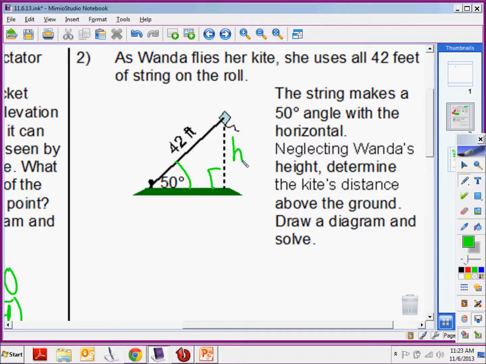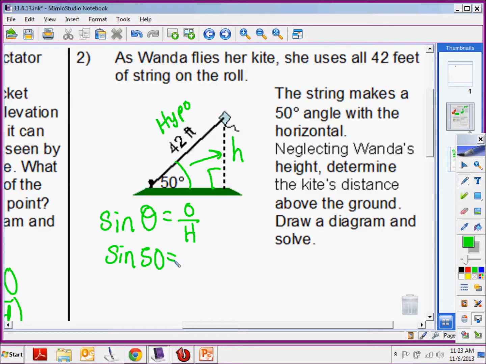So in this situation, which trig ratio will help me find the height? Because you have the opposite and hypotenuse. I have my opposite and my hypotenuse. So therefore, this is sine of theta equals opposite over hypotenuse. So the sine of 50 equals, what's my? H over 42. Where's my variable?